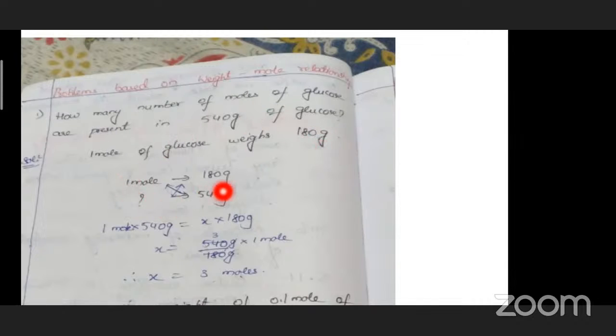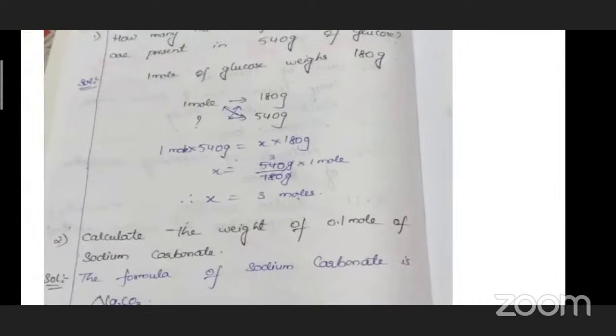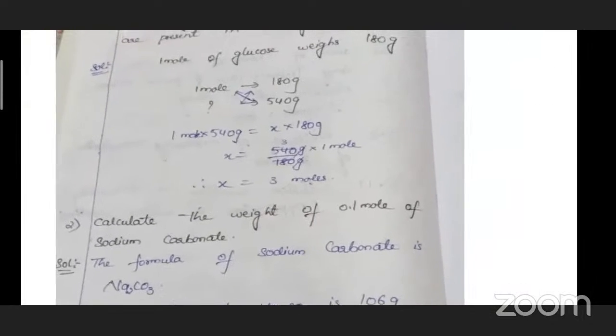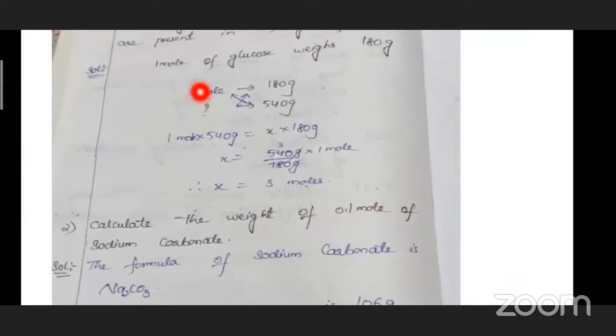And we are given 540 grams. So we know that 1 mole has 180 grams. So 540 grams has how many moles? Same cross multiplication only. So 1 mole into 540 grams is equal to x into 180 grams. So this upon further solving gives us 3 moles.